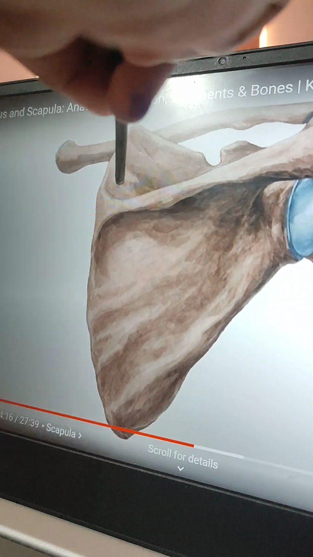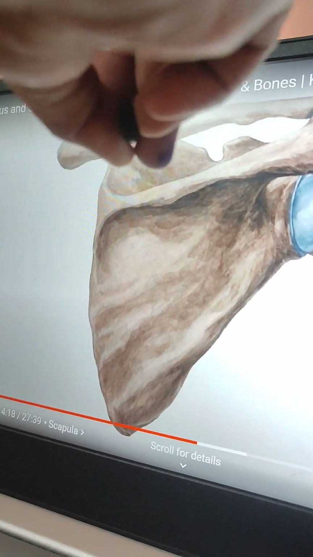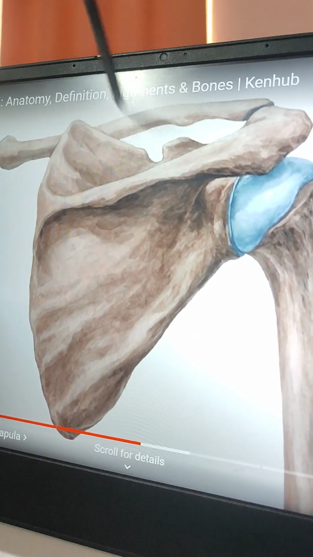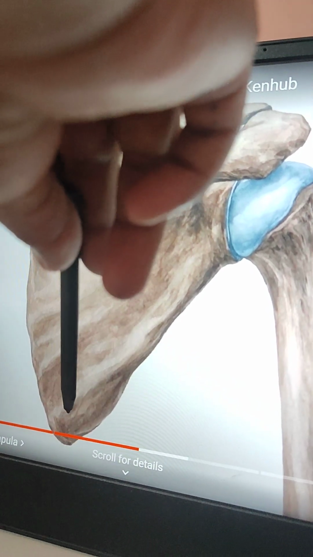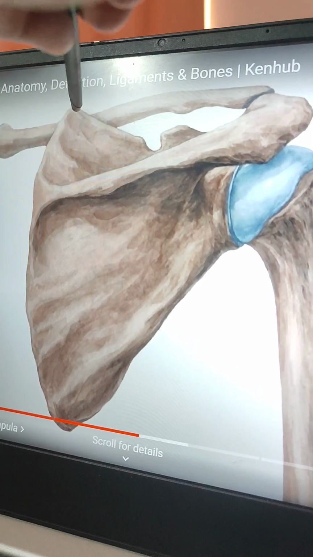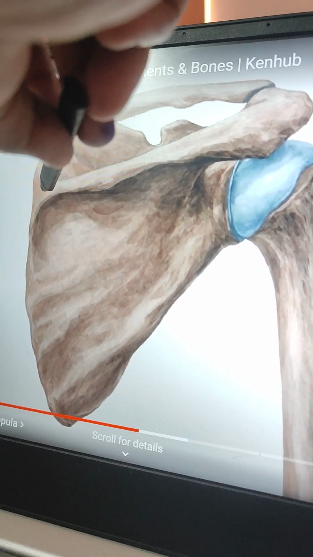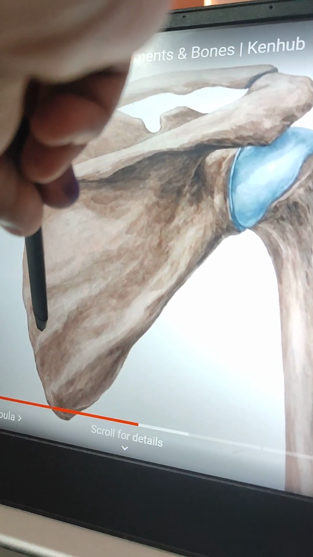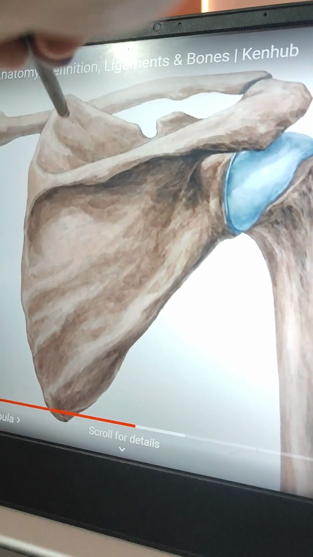What we are doing on this side, these are all insertions, and on this other side is our origin. So latissimus dorsi is also an insertion. Here: levator scapulae, rhomboideus minor, rhomboideus major, latissimus dorsi, all are insertion.